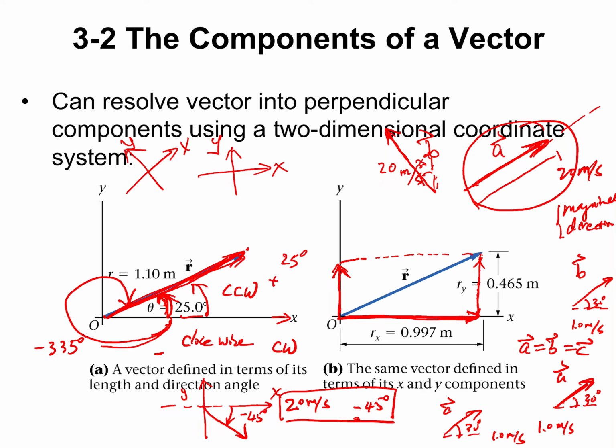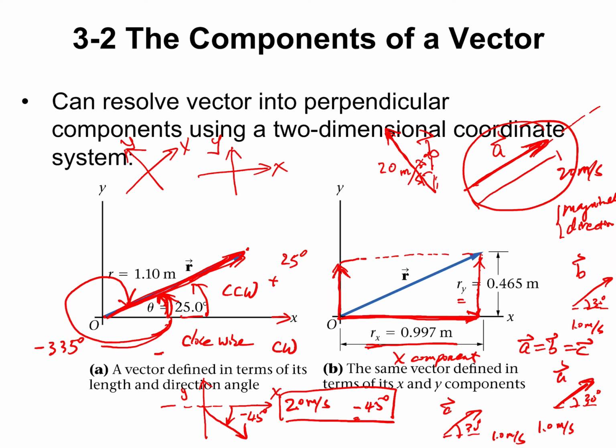So we can project this vector into two directions. We call the x component of this vector Rx, and Ry is the y component.